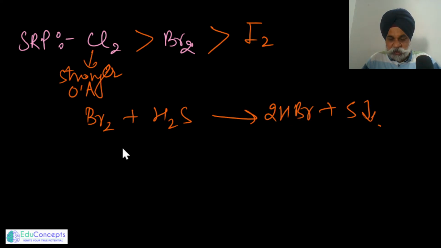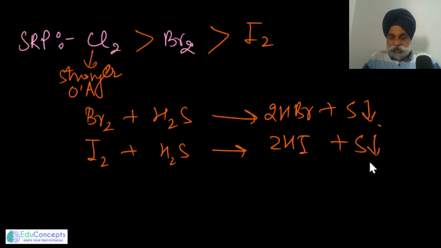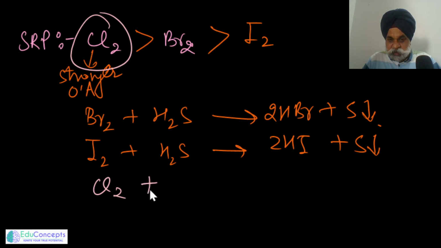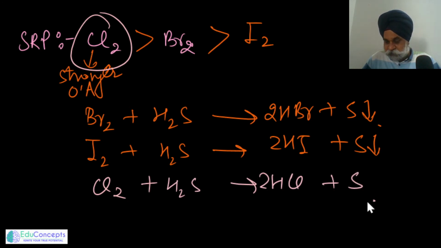So it's a perfect redox reaction, and iodine does the same thing: 2HI plus sulfur precipitated. Now the important point is of chlorine. Chlorine may do the same thing: Cl2 with H2S gives you 2 moles of HCl and sulfur.